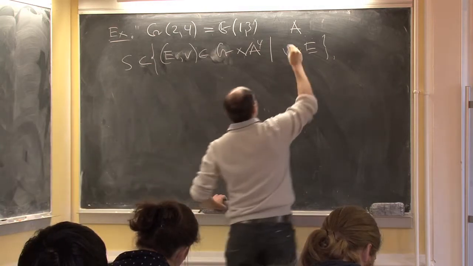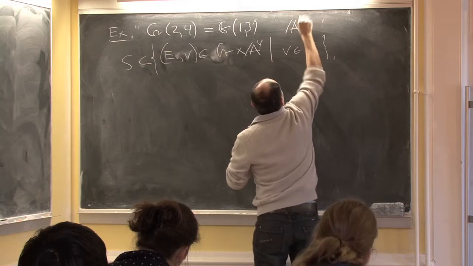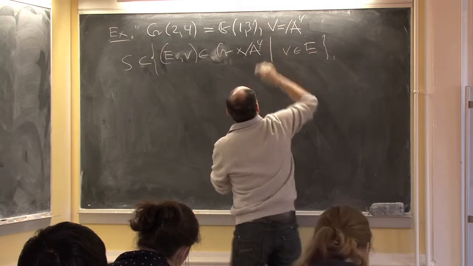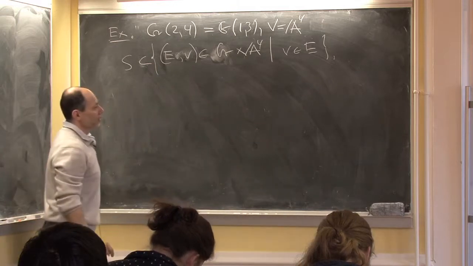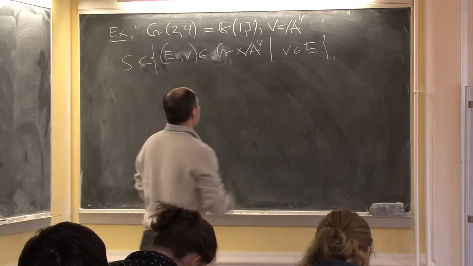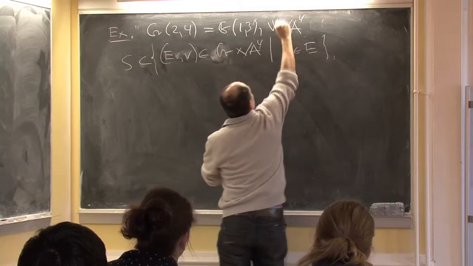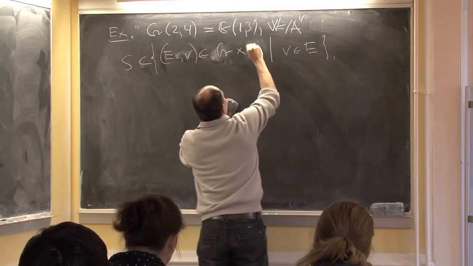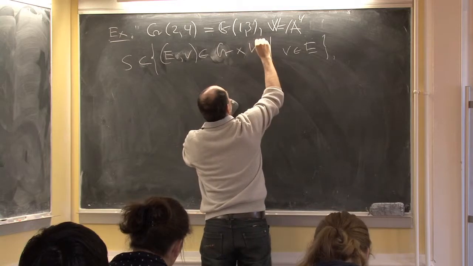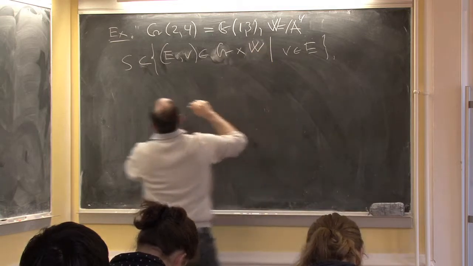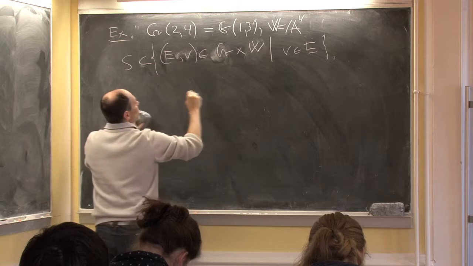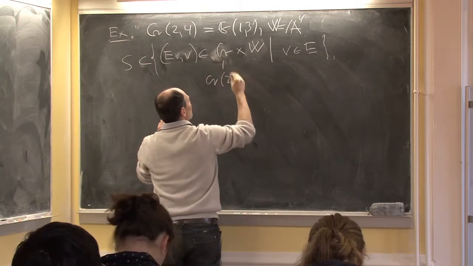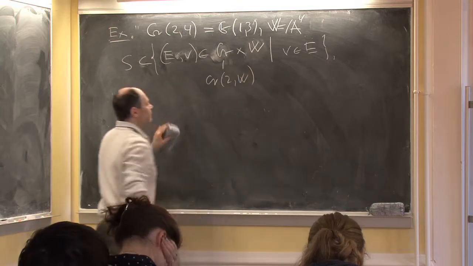So what we do is the following. I need another notation, so it will be W, and the Grassmannian I'll now think of as Gr(2, W).